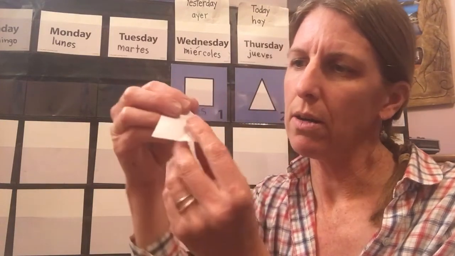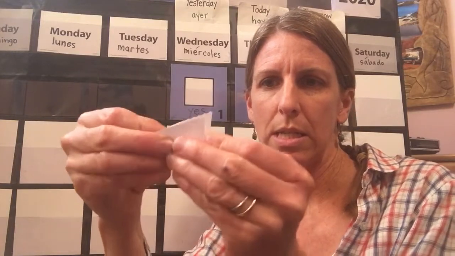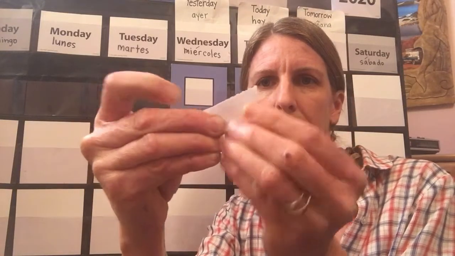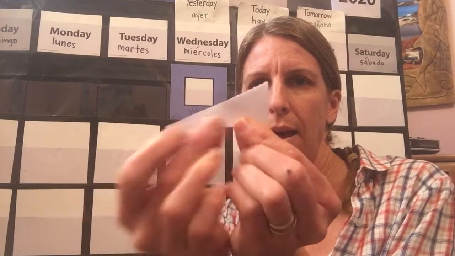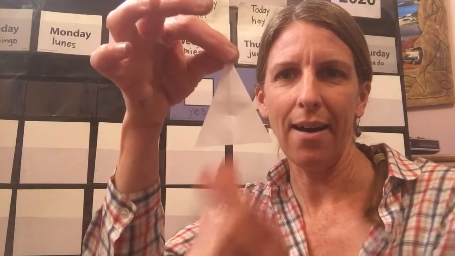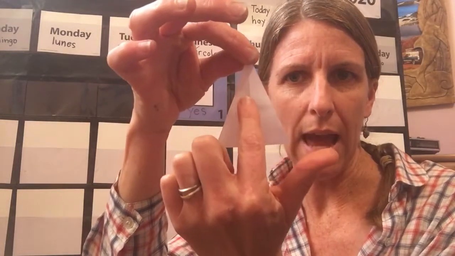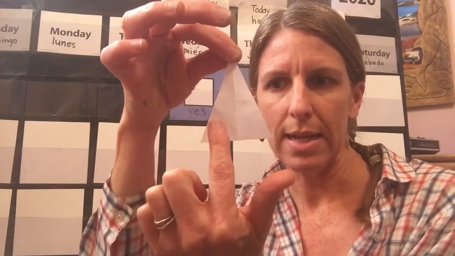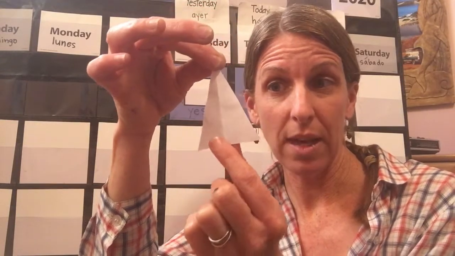Is there a way I could fold this in half? What about, I kind of think like I'm folding a paper airplane. What if I went like that and then opened it back up? Let's see. Aha, you can see that line going down the center of the triangle. Is this half the same as that half? Are they symmetrical?